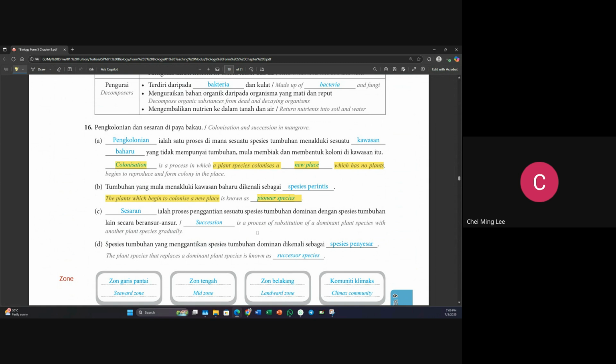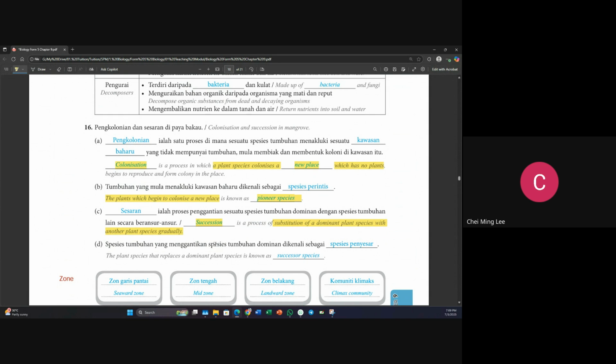So then, is it still suitable for the pioneer species? Because there's a habitat change. When the habitat changes, new plants come in because it's no longer suitable for the pioneer. Right? So succession comes in. It's a process of gradual substitution of a dominant plant species with another plant species.